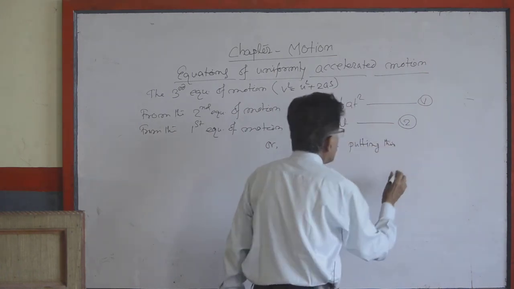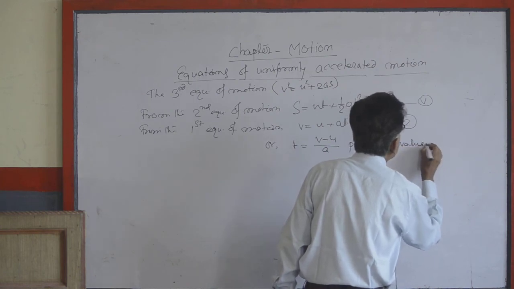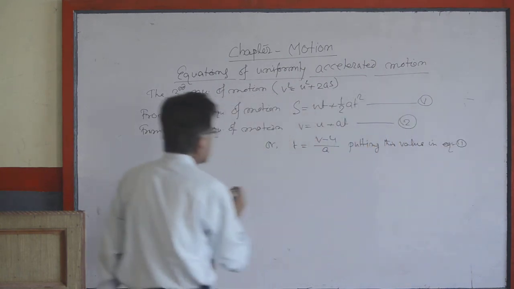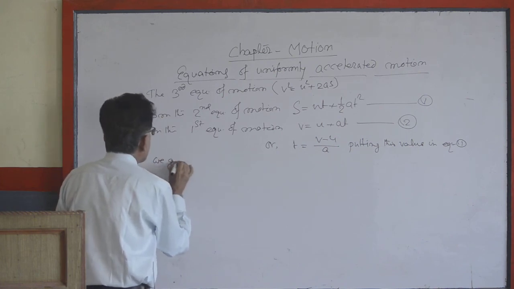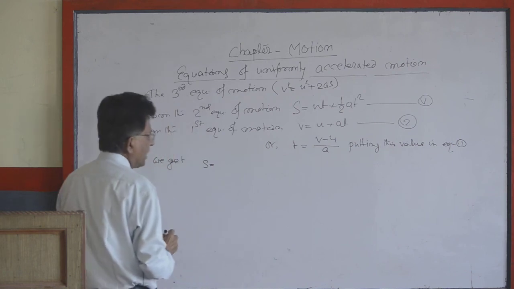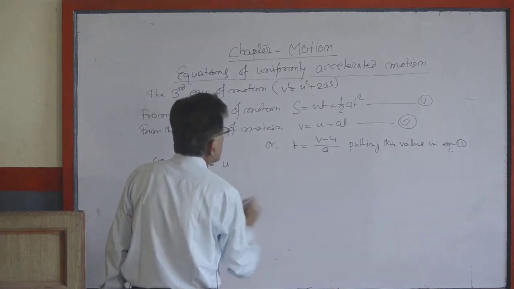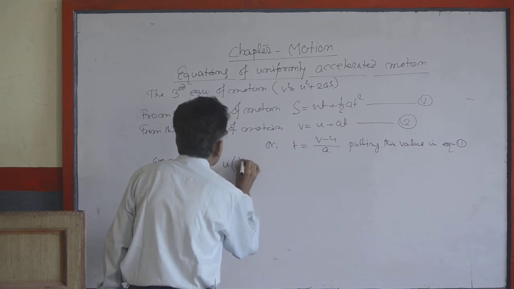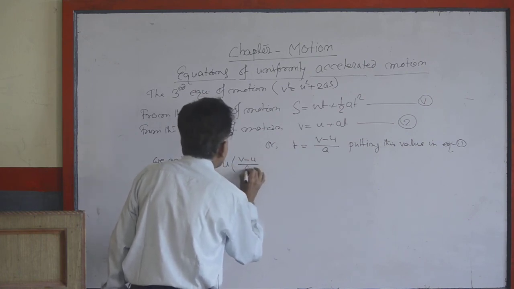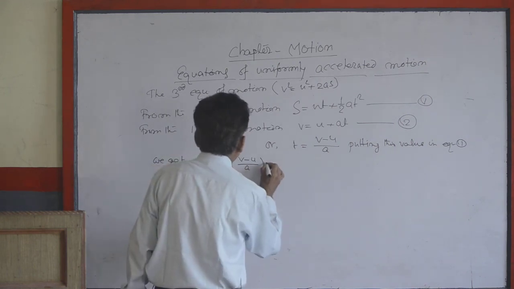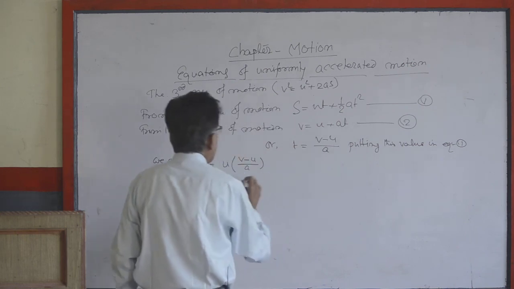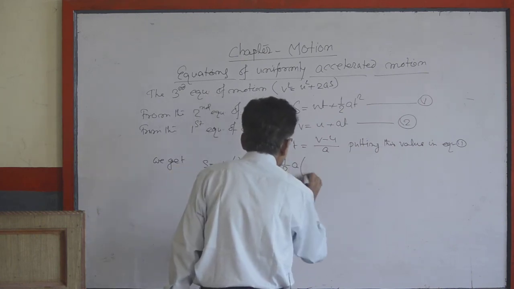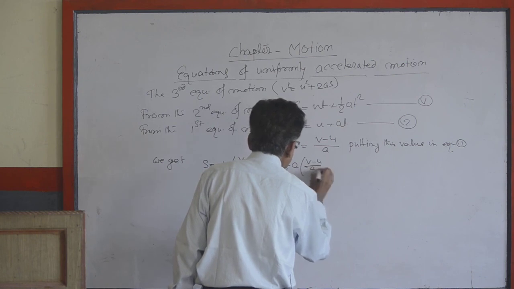So we get s equal to u into v minus u by a, plus half a into v minus u by a whole square.